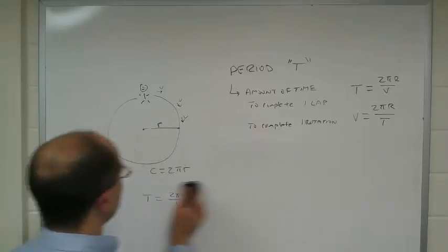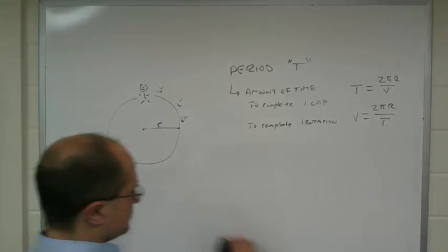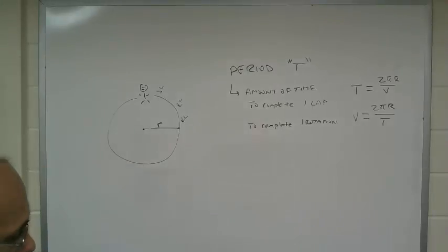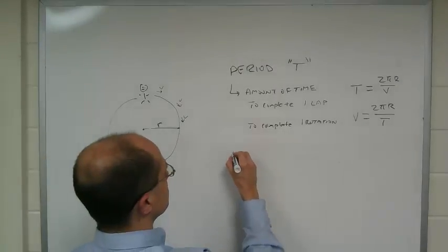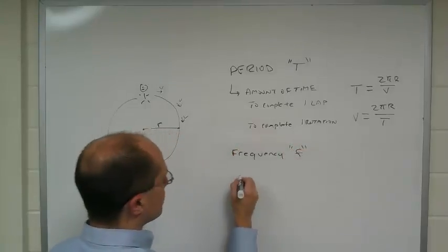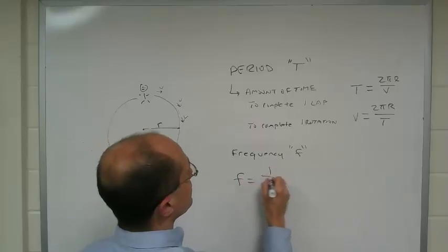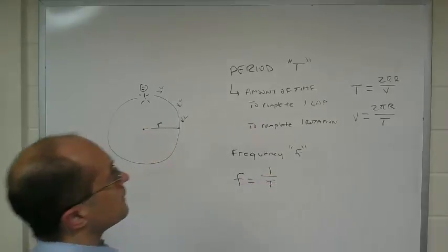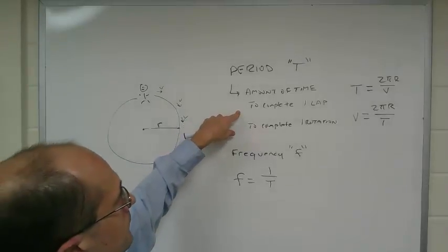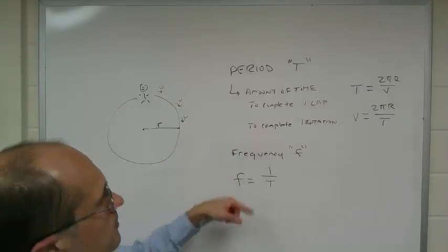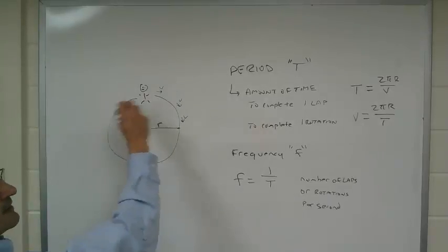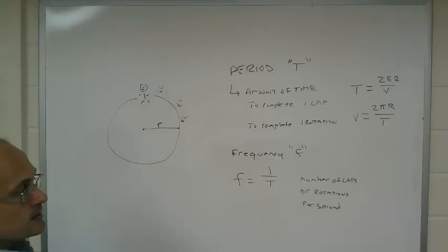Now we want to introduce another term, and this is called the frequency. The frequency gets the letter f, little f, and the frequency is defined as 1 over the period. If the period is the amount of time to complete one lap, the frequency is the number of laps you complete in 1 second. So if you run one lap every second, your frequency is 1.